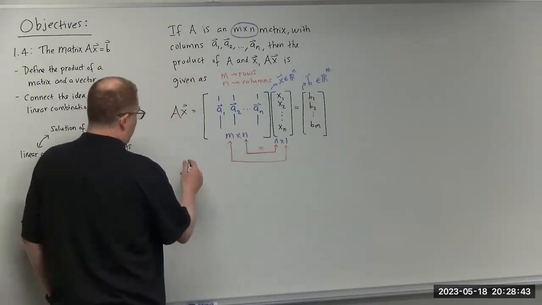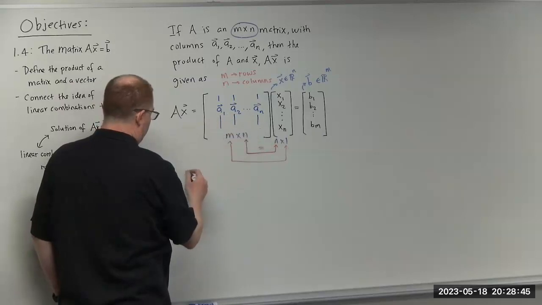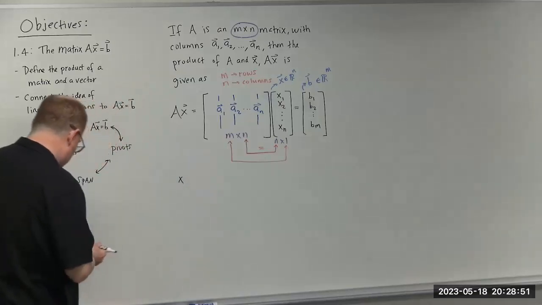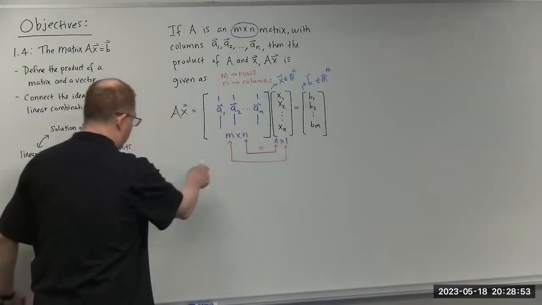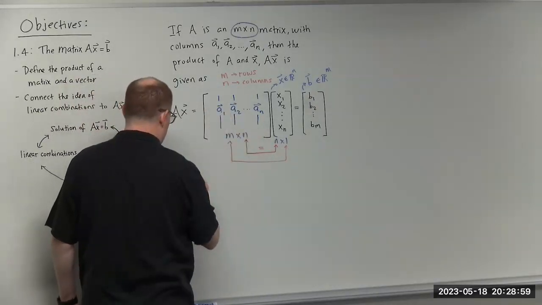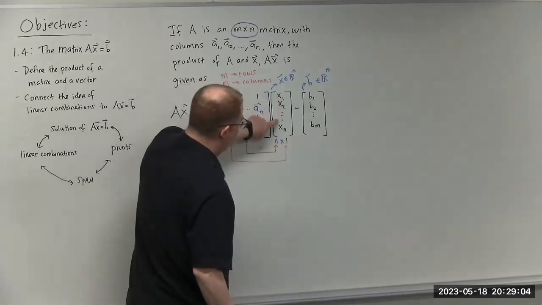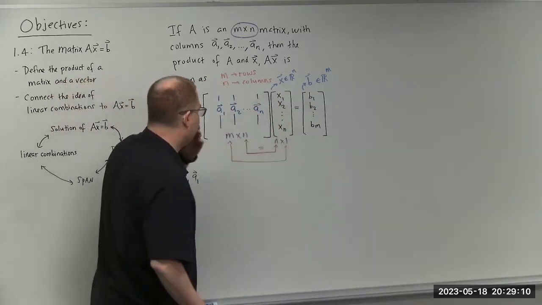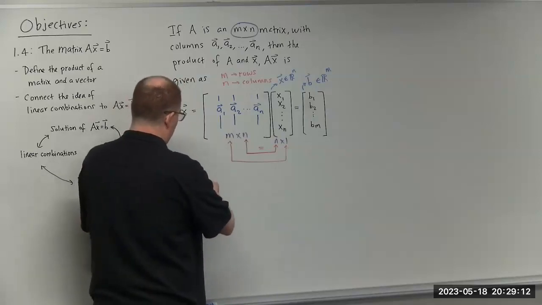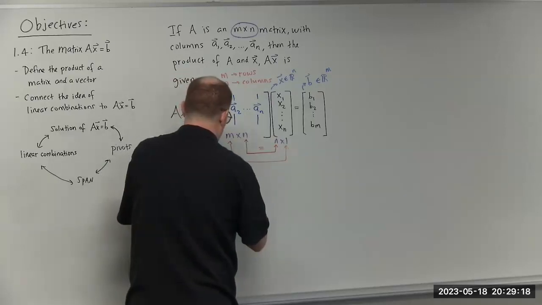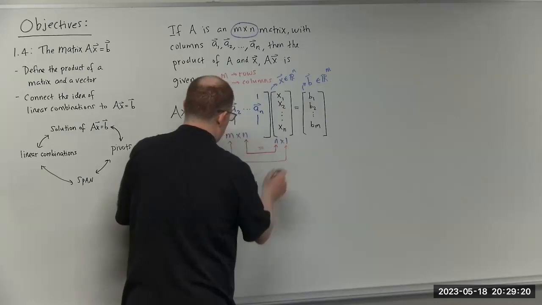What this really means is that if we take x1 times a1, remember, each of these is a value, entries in the vector, so we take x1 and multiply it by a1, take x2 and multiply it by a2, and continue to do that until we run out of values.